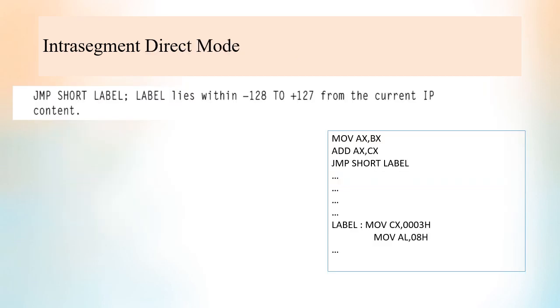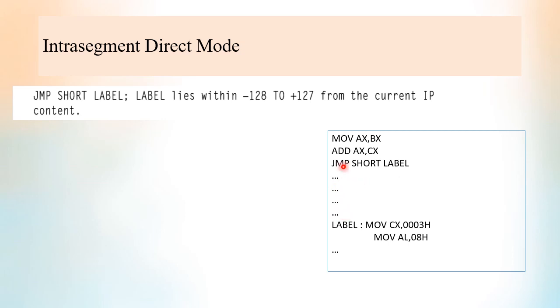Intrasegment direct mode. Let us start with an example, jump short label. So this is an example in which the jump instruction appears. Jump short label. If this instruction is executed, the control will be transferred to label by skipping all these instructions.